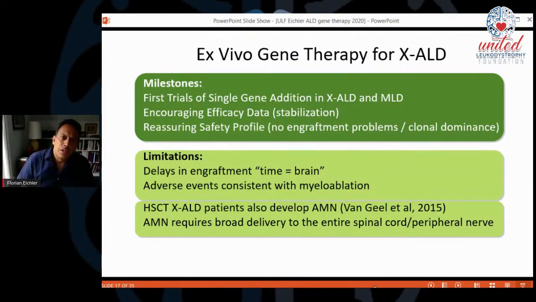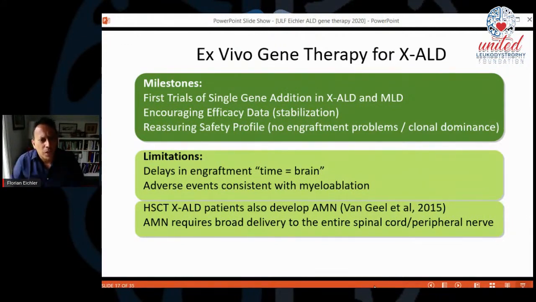Just to highlight here briefly, ex vivo gene therapy has significant advantages in that we don't see engraftment problems or graft versus host disease, but we do have downsides that occur because of adverse events due to myeloablation.